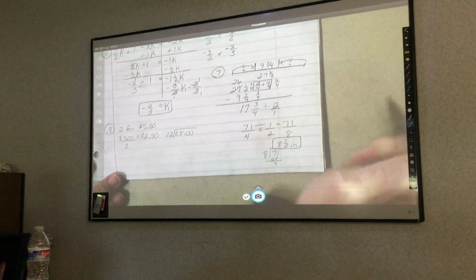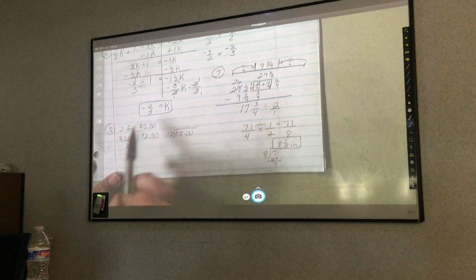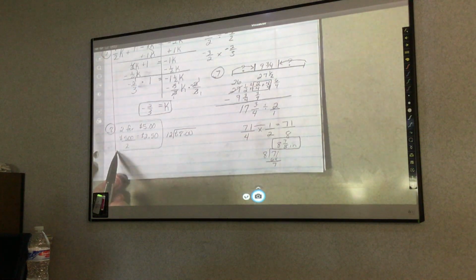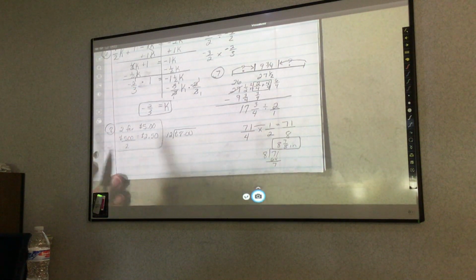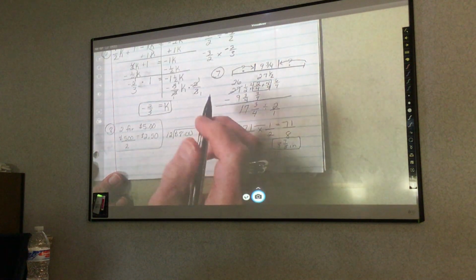How many of you put 12 divided by 8? That's why I look at something simple first. I know if it says 2 for $5, I'm dividing $5 by the 2. If it's $8 for 12, I'm going to take the 8 divided by the 12.